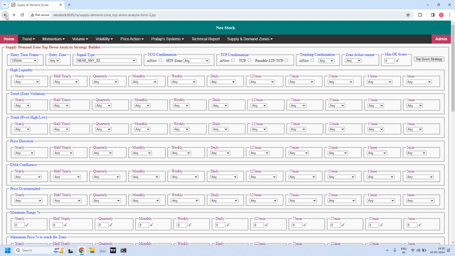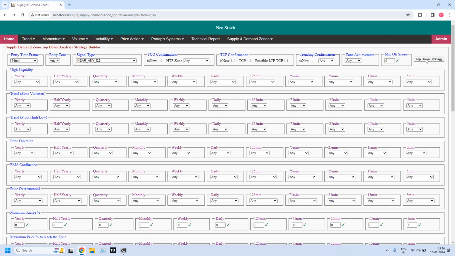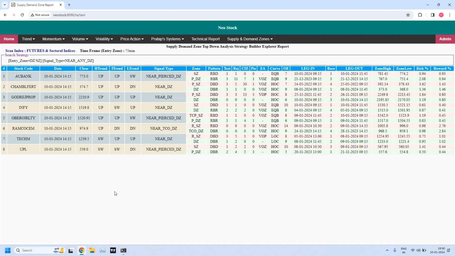Okay, now let us change the time frame to 75 minutes. Entry time frame is 75 minutes. Let us find the stocks near 75 minutes demand zone. 8 stocks are filtered. Let us check high liquidity demand zones.